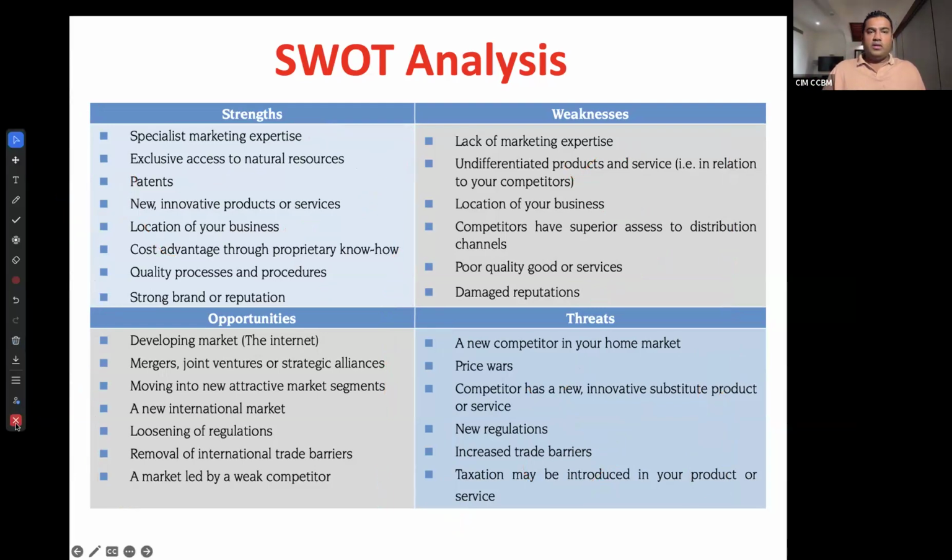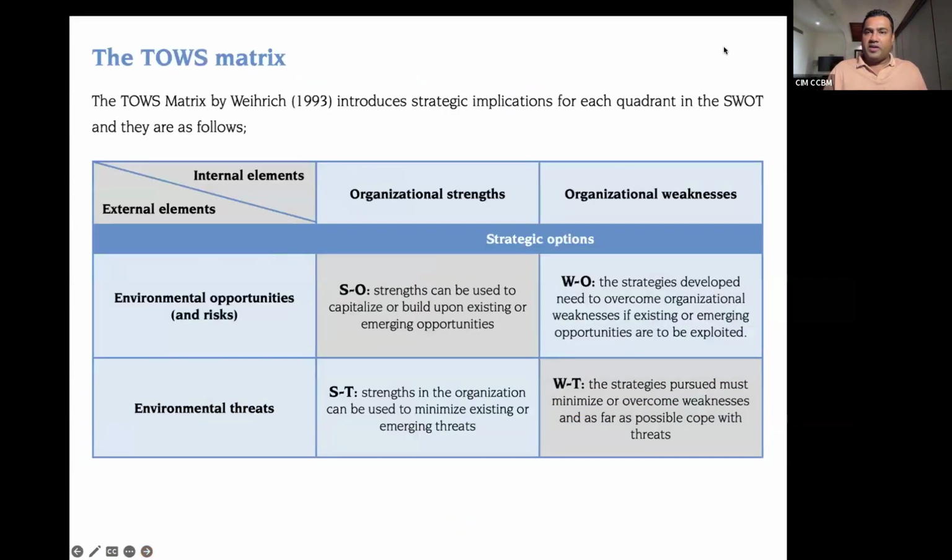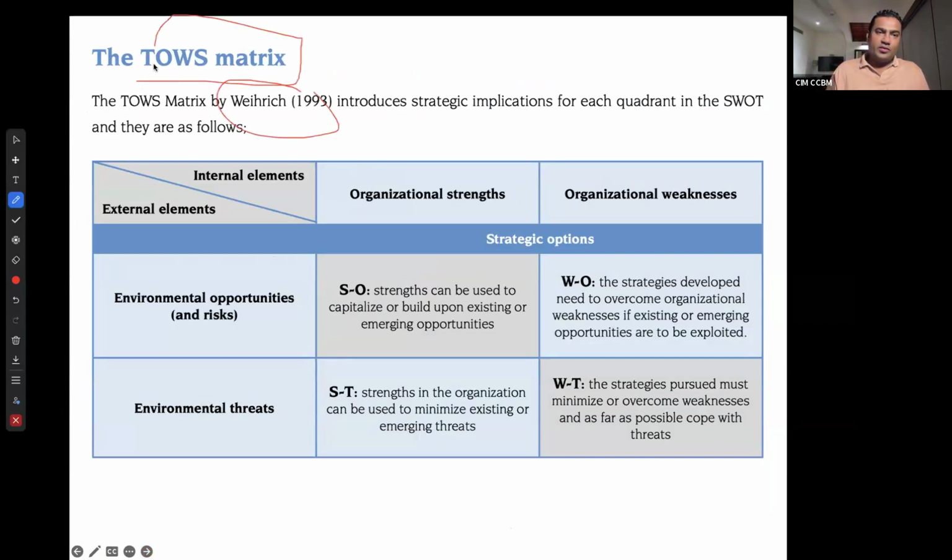Now, if you turn SWOT the other way, it's called TOWS. So there was an author who created the TOWS matrix. He had nothing else to do, right? This is the guy. He didn't have anything else to do. He turned the SWOT the other way and called it the TOWS matrix. Now, I'm just kidding.